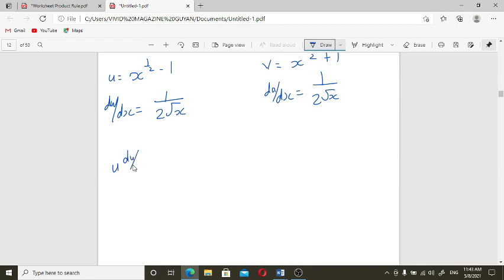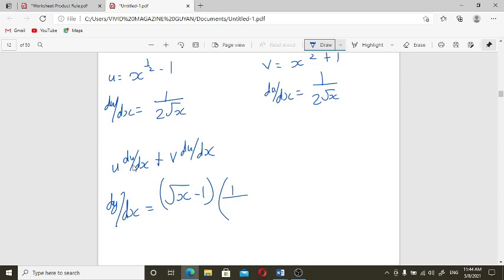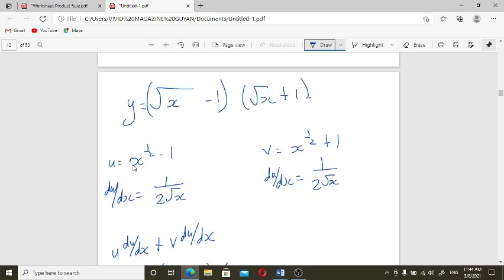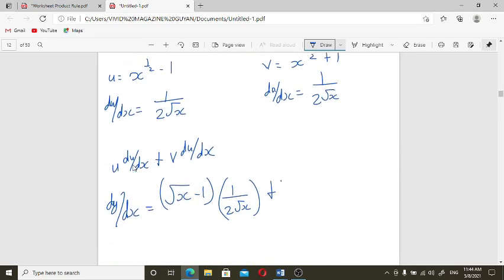So u dv upon dx plus v du upon dx. dy upon dx is equal to u, the root of x minus 1, times dv dx, which is 1 over 2 root x, plus v, the root of x plus 1, times 1 over 2 root x.